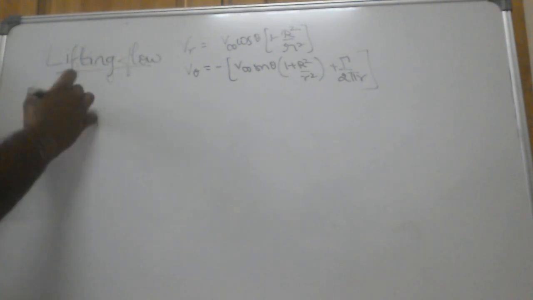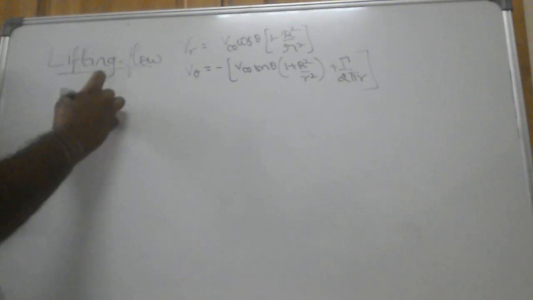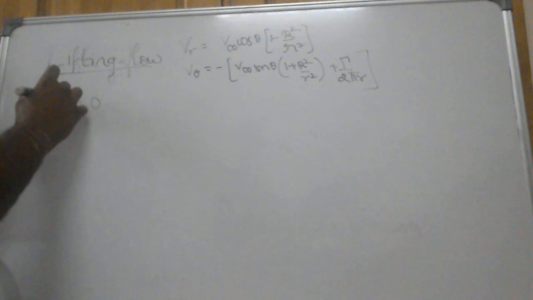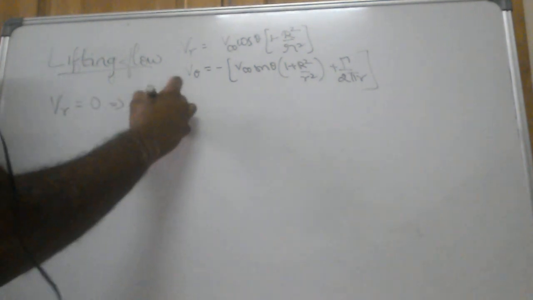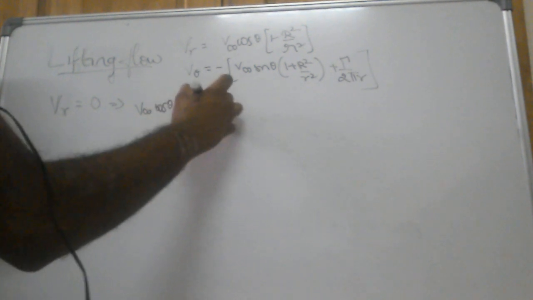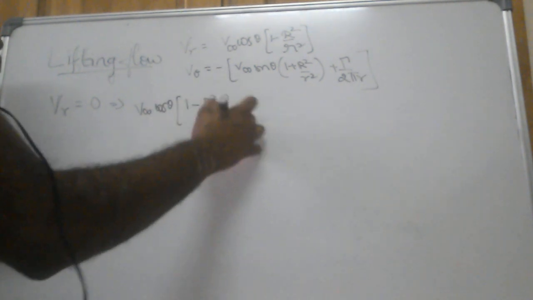Therefore, first let's look at Vr equals 0, which implies V infinity cos theta into 1 minus capital R squared by small r squared is 0.